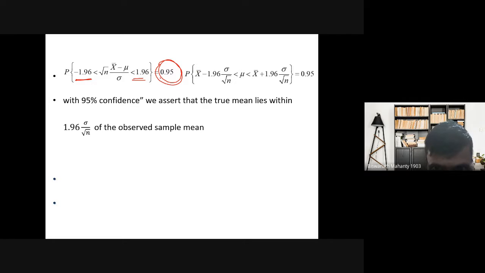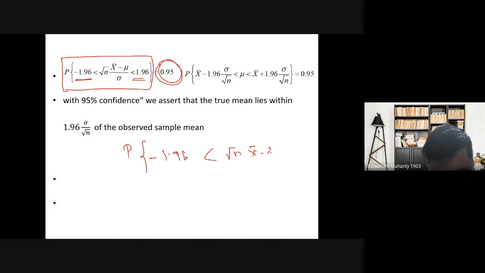I am multiplying everything by sigma by root n. Please try to understand. This is my expression, and I will do a little bit of mathematics. So probability, minus 1.96 less than root n x bar minus mu by sigma less than 1.96.